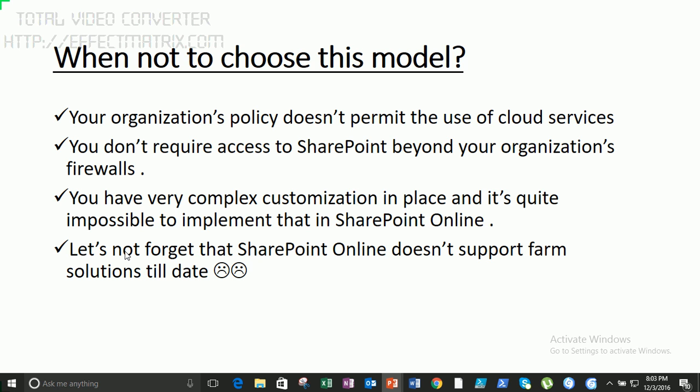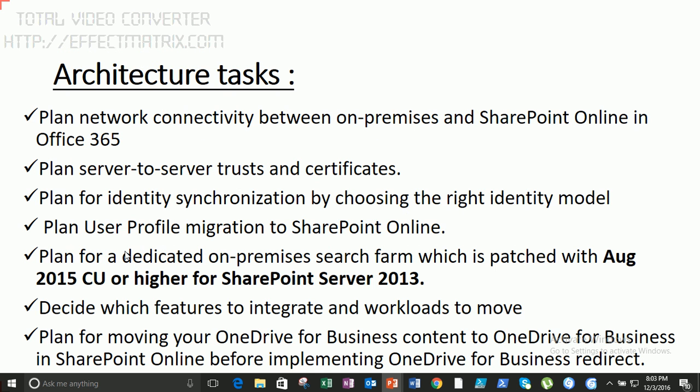If you can't move a customization which is really mission critical to SharePoint Online, then it just doesn't make sense to move to SharePoint Online. It's as simple as that. So the architectural tasks are pretty much what we see for SharePoint on-premises and SharePoint Online. Since it's a mix of both, we need to have the architectural tasks for both SharePoint on-premises as well as SharePoint Online.